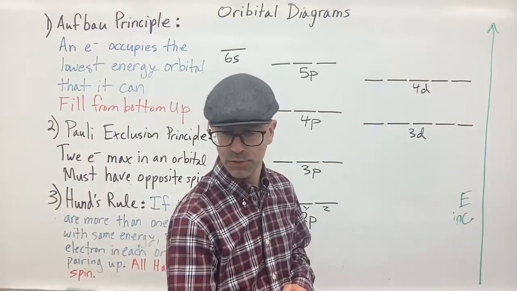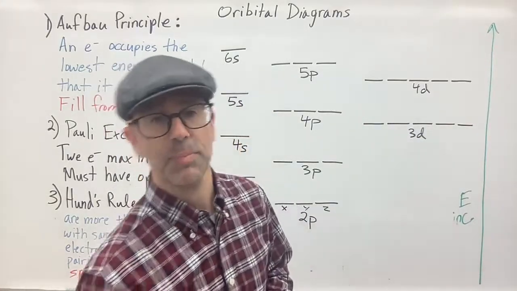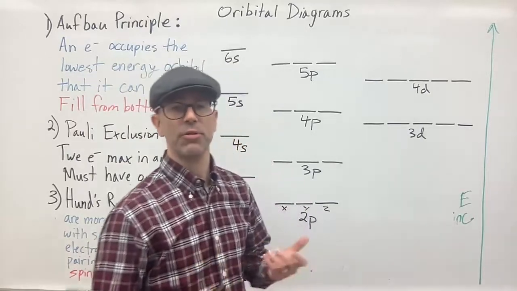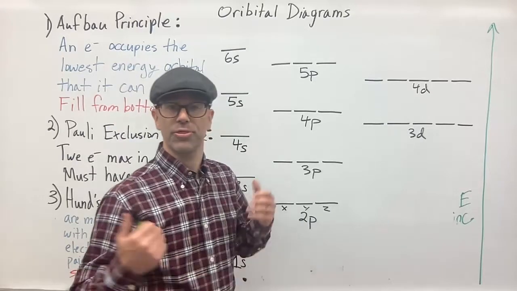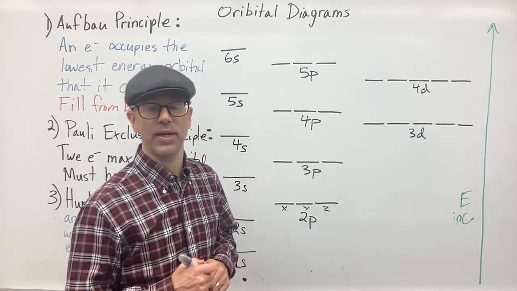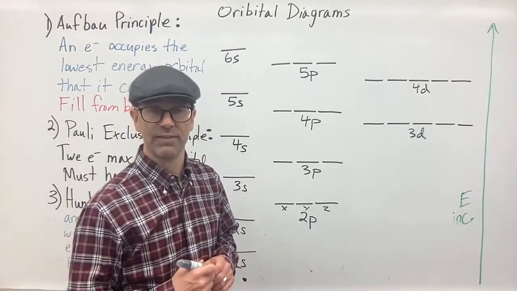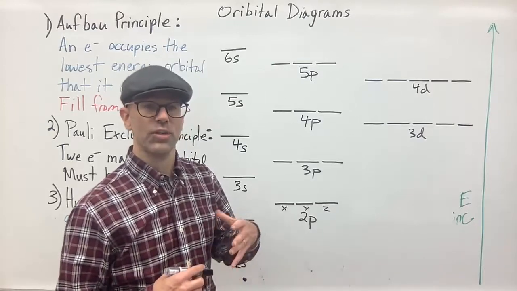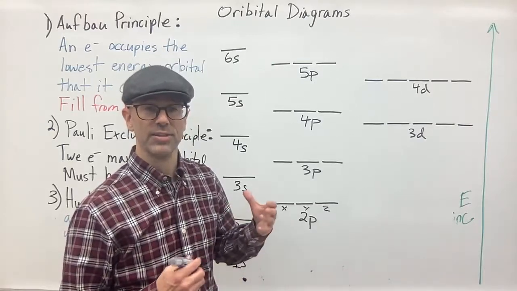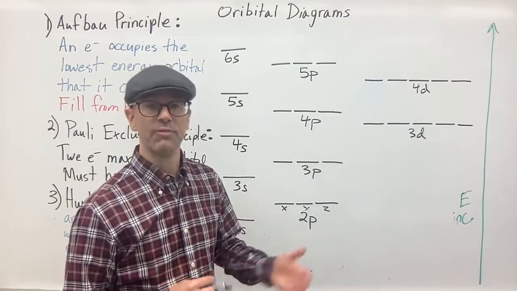Let's go through boron. I'm sorry, not bromine. Bromine is number 35 on the periodic table. So that means the bromine atom has 35 electrons because we're assuming a neutral atom. Bromine has atomic number 35.